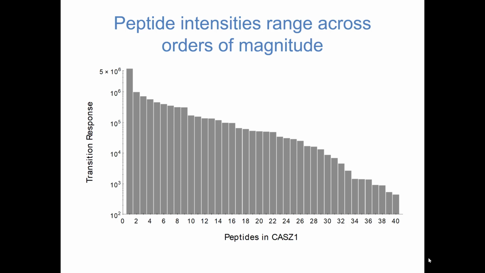As Rudy was showing earlier, at about the 2 orders of magnitude down level, you end up seeing a lot of different weird cleavages caused by trypsin, just normally. But there's definitely a lot of reasons why this response could be fairly low.